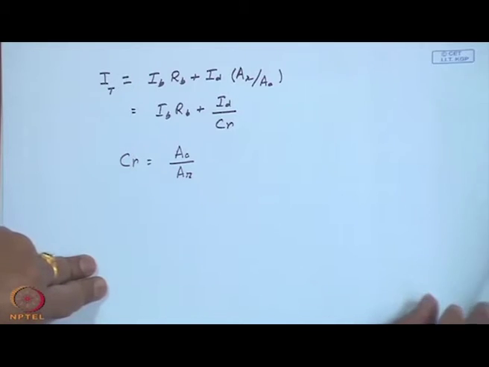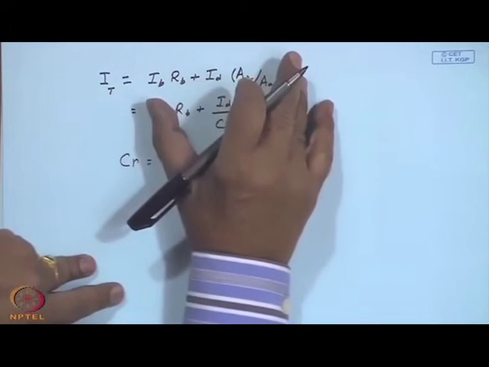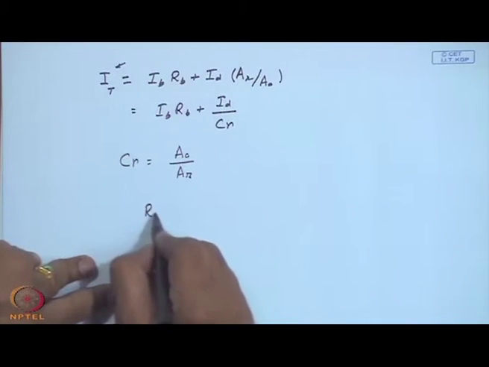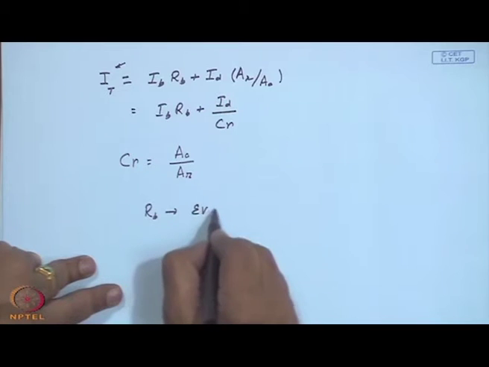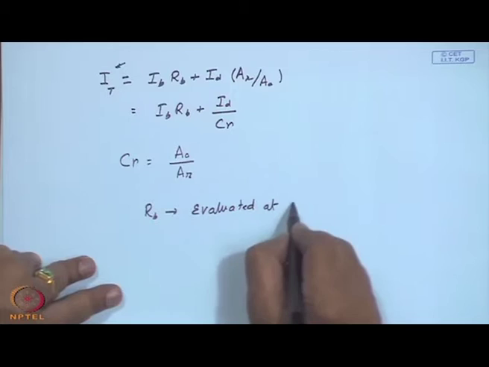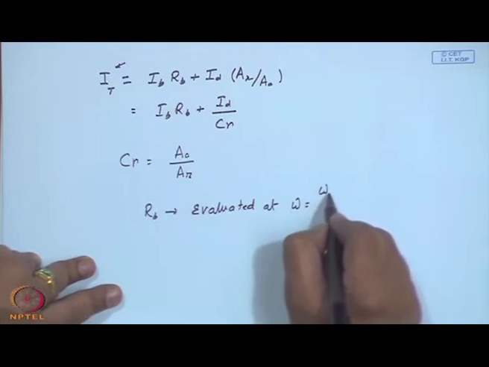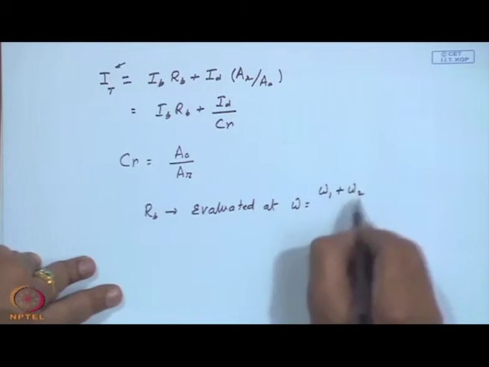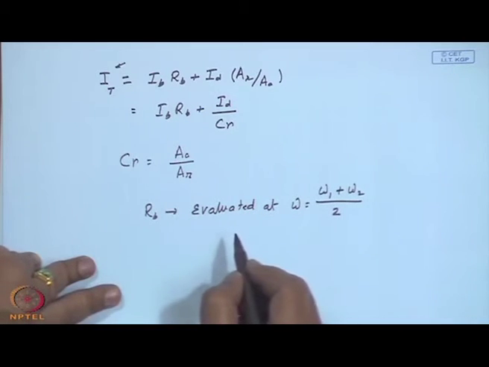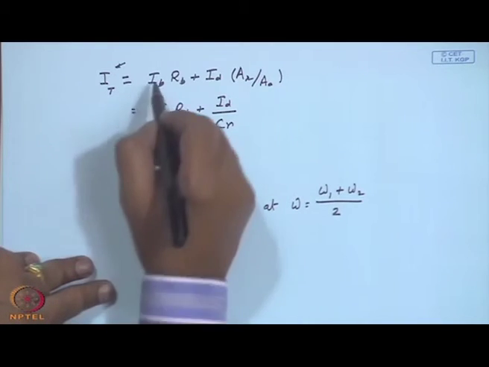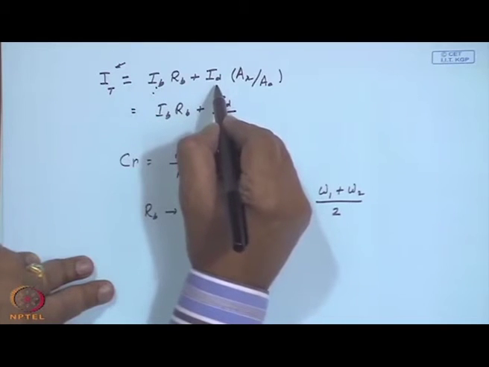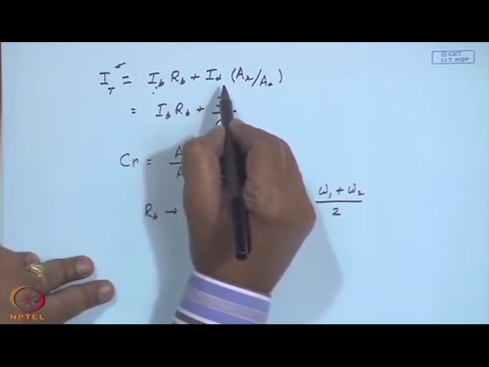So, this is for any instance, which we normally use for a period of 1 hour, and RB being evaluated, as we have done for flat plate collectors, at the midpoint of the hour characterized by the 2 hour angles omega 1 and omega 2 by 2. Okay. And IB is the solar direct radiation on a horizontal surface, and ID is the diffuse radiation on a horizontal surface.